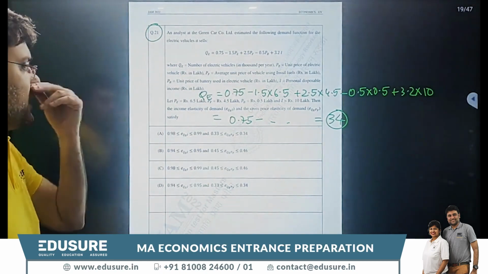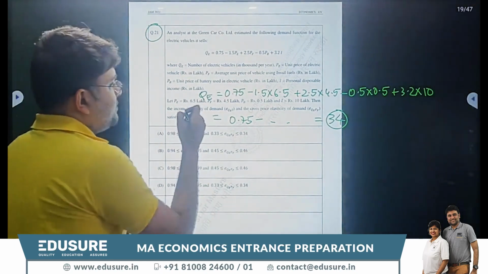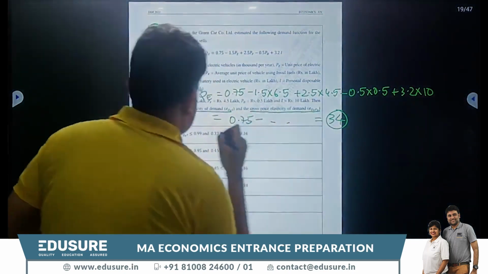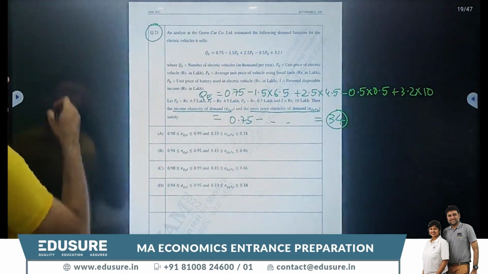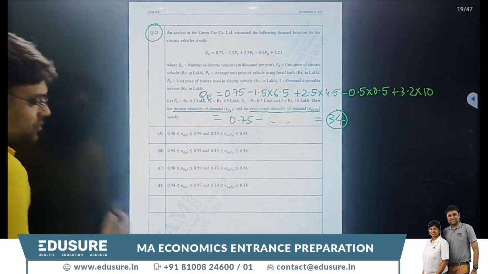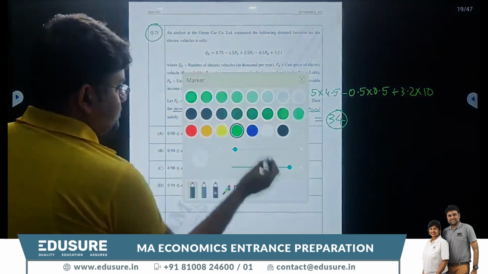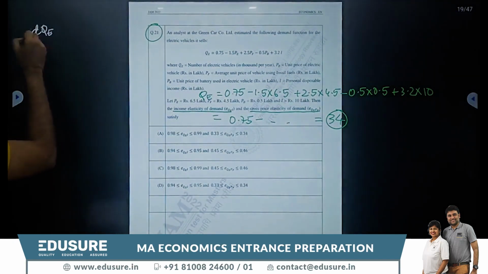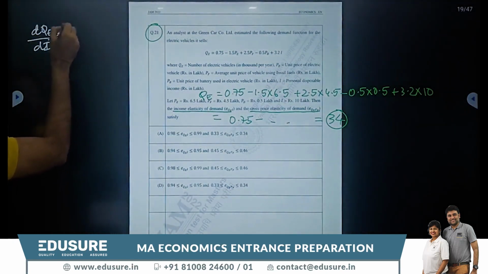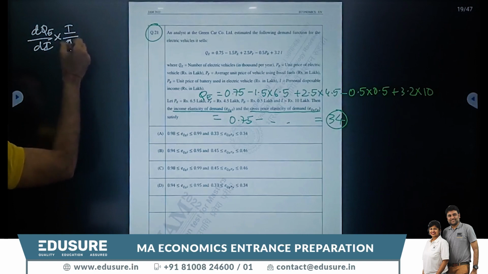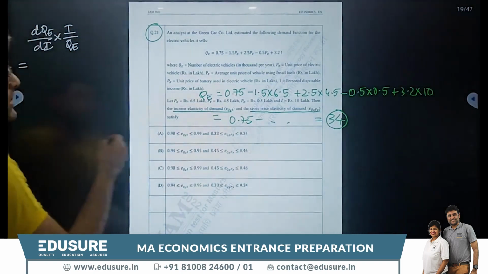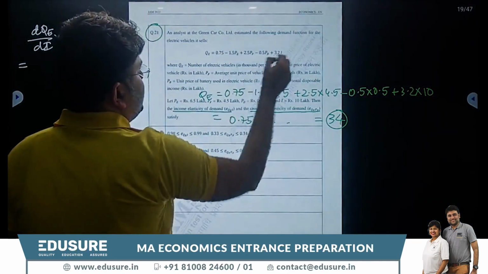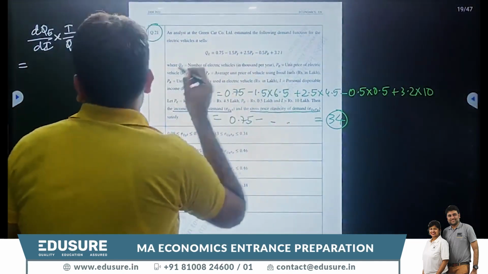Now, what I need to find out here is the income elasticity of demand and the cross price elasticity of demand. Now, what is income elasticity of demand? Income elasticity of demand is as follows: dQE/dI into I by QE. Now dQD/dI will be 3.2.